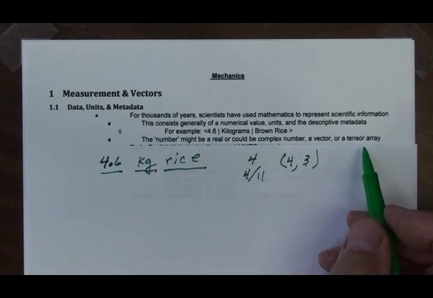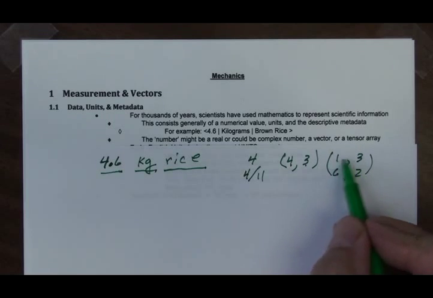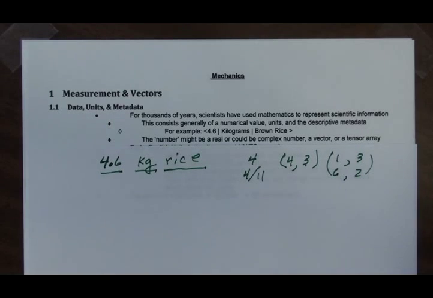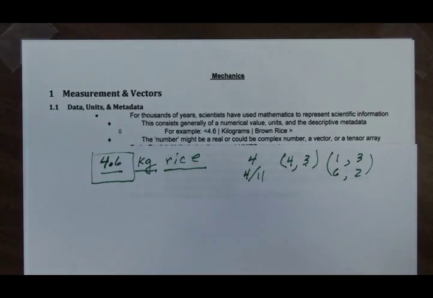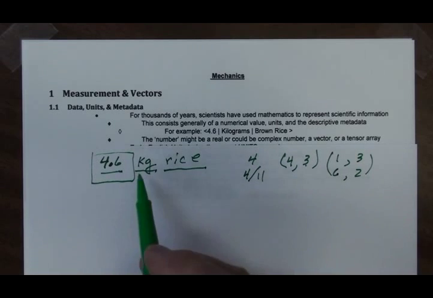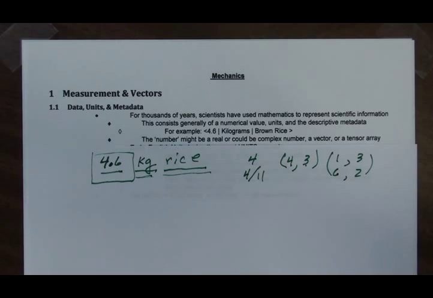Or it could be a tensor array, which means an array of numbers like 1, 3, 6, 2 in a square array, or even a three-dimensional or another type of array. So in general, this could be a rather complicated mathematical numerical form, and this would normally be units, and this would be some type of metadata telling us what this is.